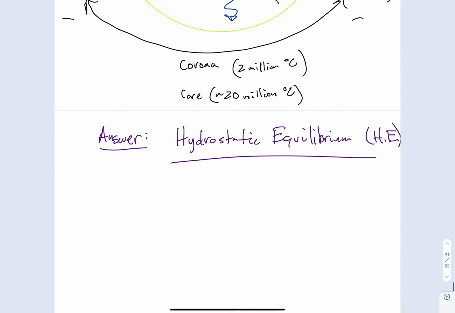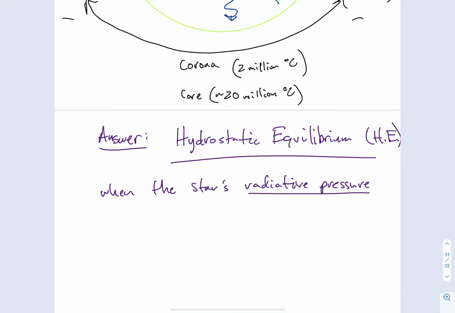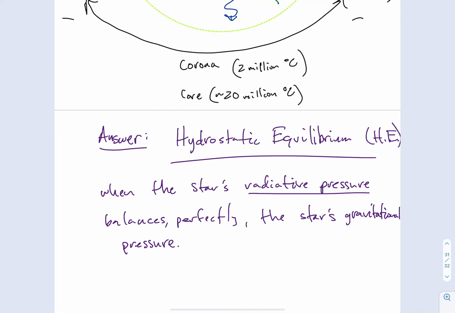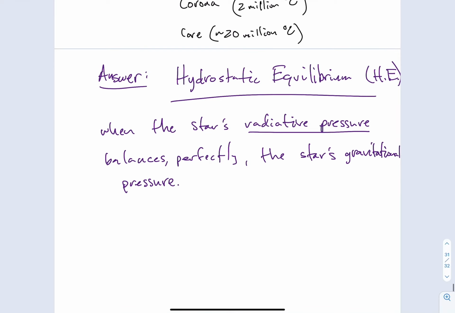Hydrostatic equilibrium is when the star's radiative pressure balances perfectly the star's gravitational pressure, allowing our star to keep its shape and remain doing what it's doing for billions of years.